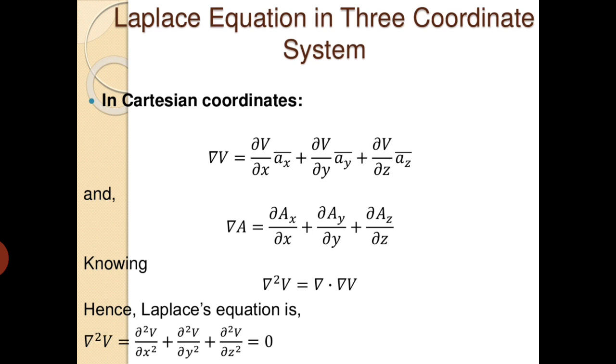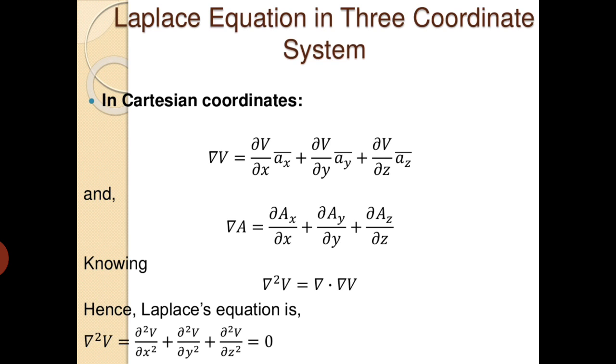Now if you want the equation for a vector field A, we have del dot A equal to dou ax by dou x plus dou ay by dou y plus dou az by dou z, where ax, ay, az are the components of the vector field A, right? We have already derived the Laplace equation: del square v equals del dot del v.